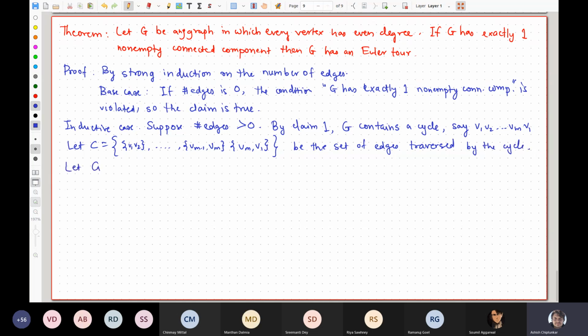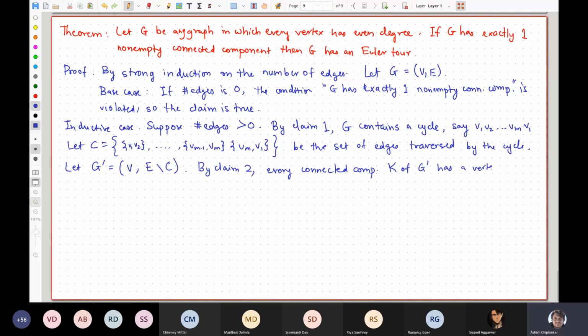Then let G prime be equal to the graph V, E minus C. Now by claim 2, what do we have? Every connected component K of G prime has a vertex, let's say UK, in the set V1 through Vm.